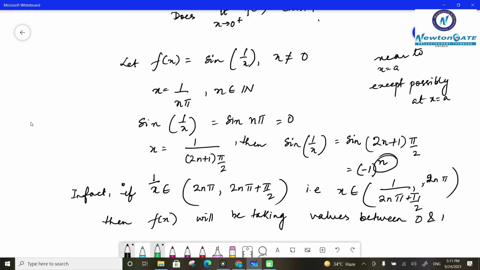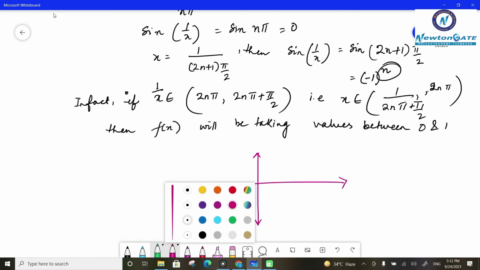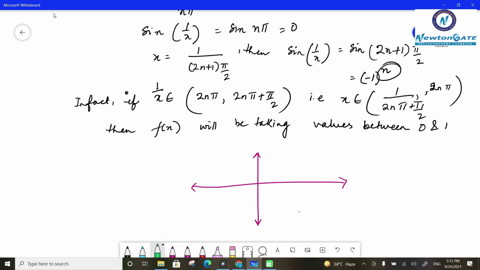Why so? If I draw the graph, let me draw it now. A sin x curve looks like this. At x equal to 0 it is 0, but I am taking the points π by 4, π by 2, π.